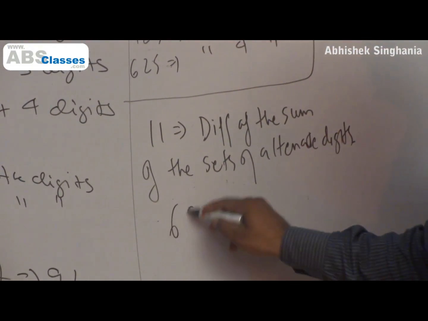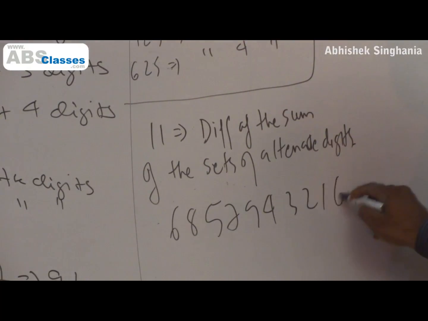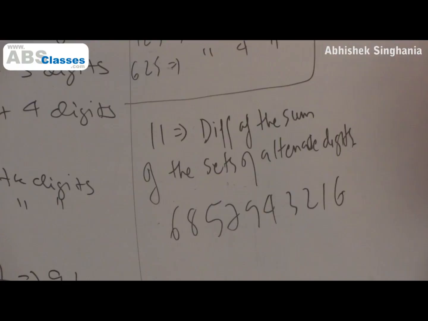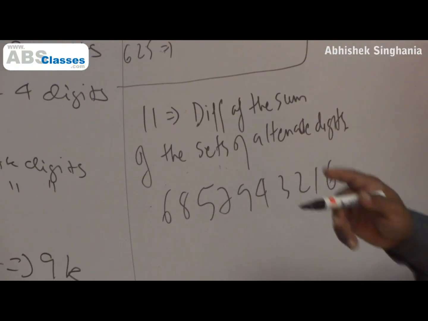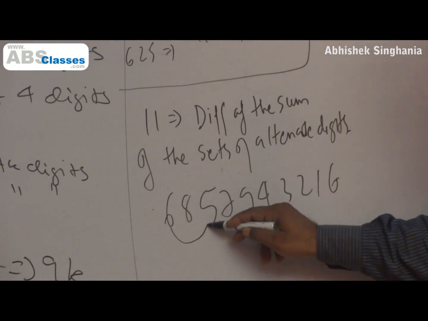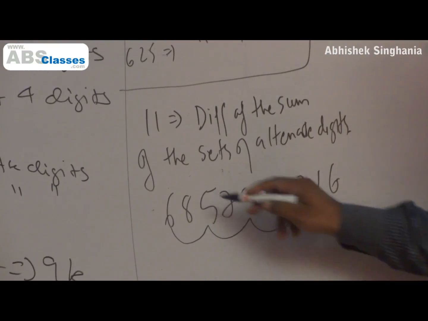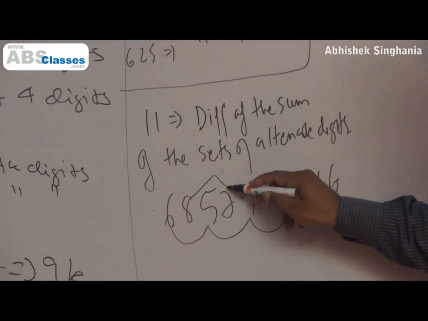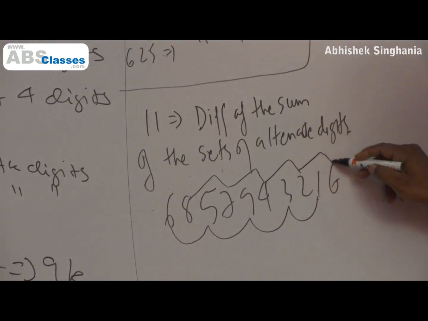For example, say 6, 8, 5, 7, 9, 4, 3, 2, 1, 6, something like this. You have to identify alternate digits. For example, odd place digits: first digit, third digit, fifth digit, seventh digit, ninth digit. Similarly, second digit, fourth digit, sixth digit, eighth digit, and 10th digit.